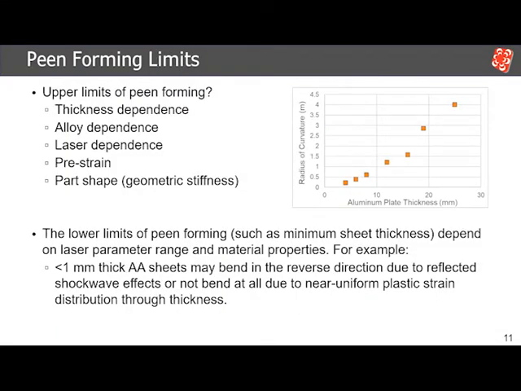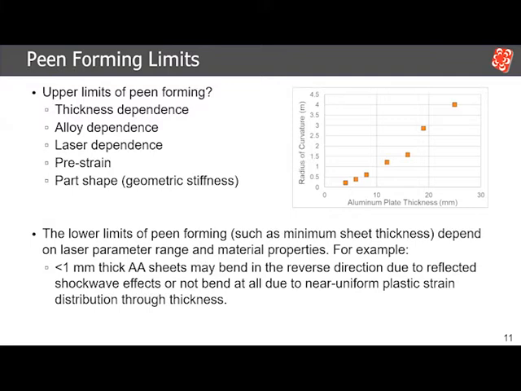So one of the questions that we're going to run into in peen forming is kind of the process boundary limits. And what does that look like? So peen forming, we can demonstrate up to greater than 25 millimeter thick samples, so inch thick samples, and still form. Our actual upper limit is going to depend on a multitude of factors, right?